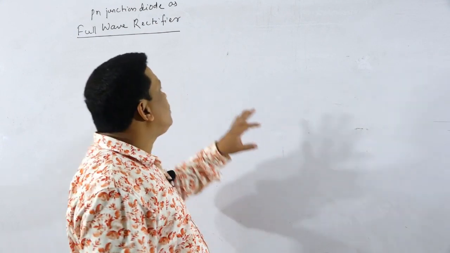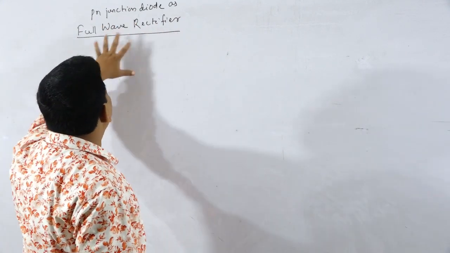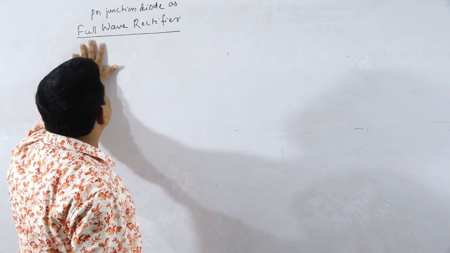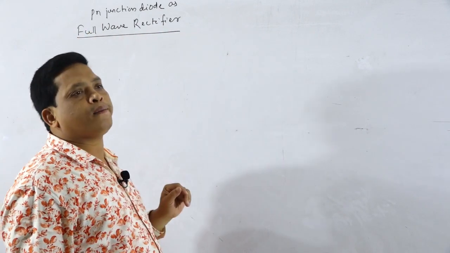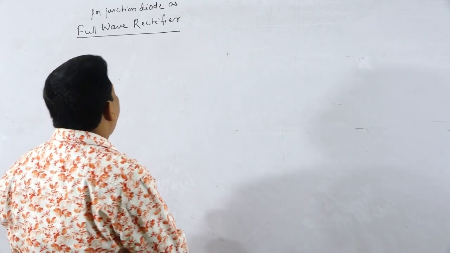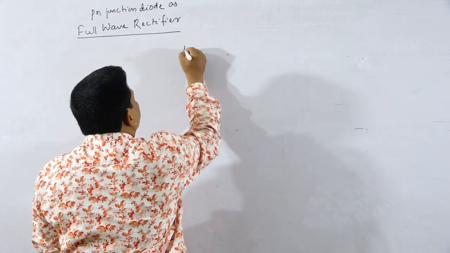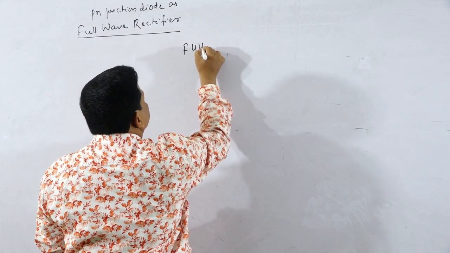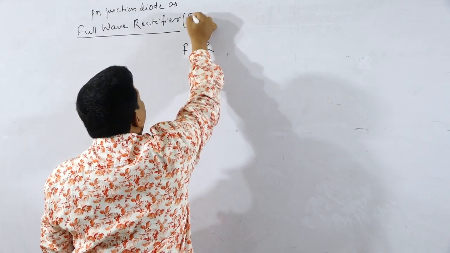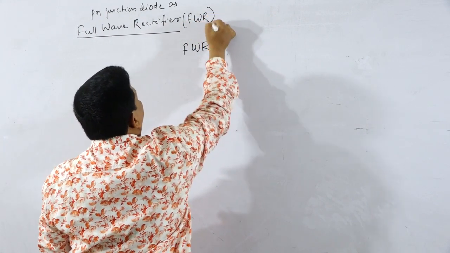So we are now going to discuss the PN junction diode as a full wave rectifier. Now the full wave rectifier is of two types. I write FWR, abbreviation for full wave rectifier.